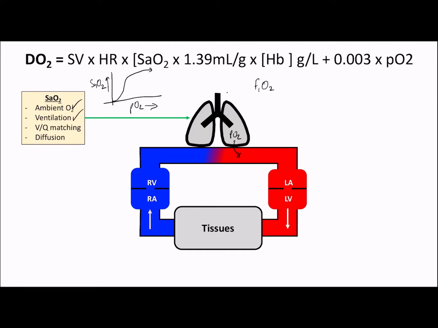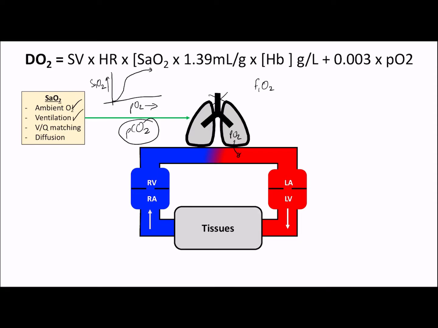Now, if we have an impairment in ventilation, we're not going to be bringing oxygen in. The other critical thing with impairments in ventilation is that, remember, ventilation was the only way of getting carbon dioxide out. And if we cannot get carbon dioxide out, then the partial pressure of carbon dioxide goes up.